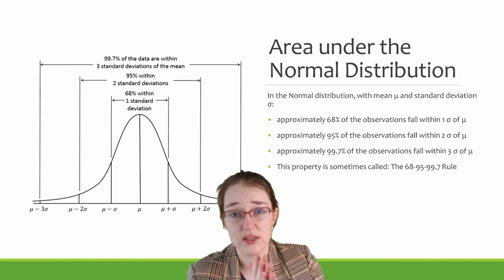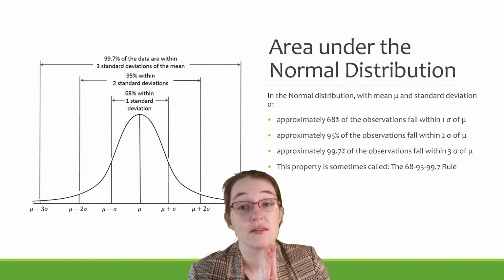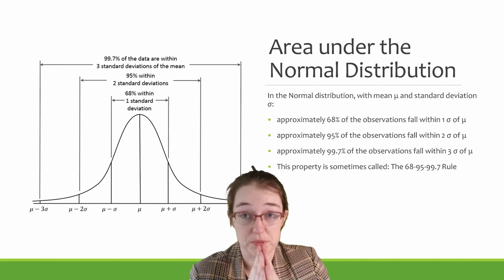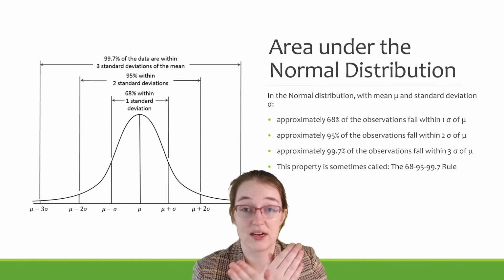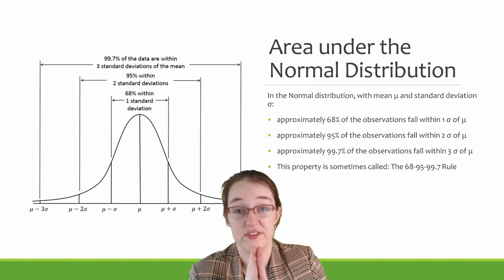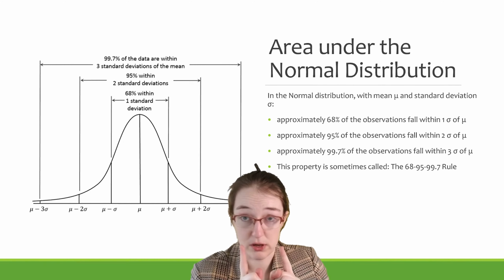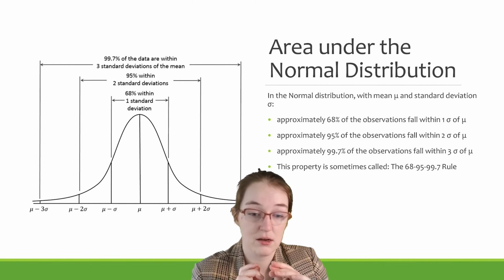You've hopefully learned a lot of these tricks already, but I'm going to review them. The normal distribution is symmetric, so you can flip the area. 50% of this area is above 0, 50% is below. The total proportion is 1, or 100%.